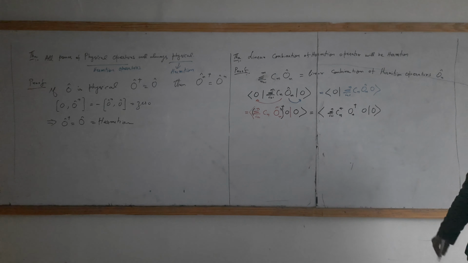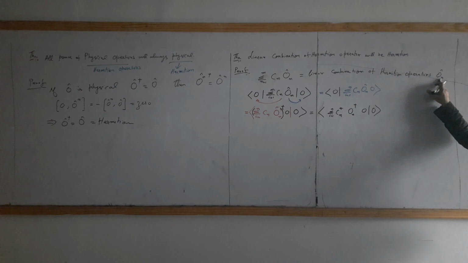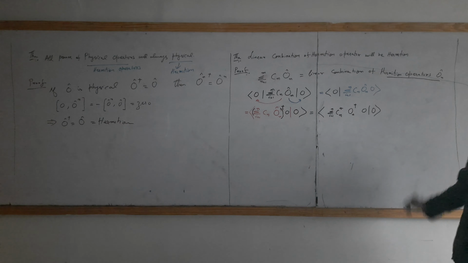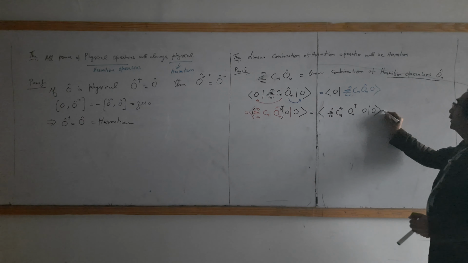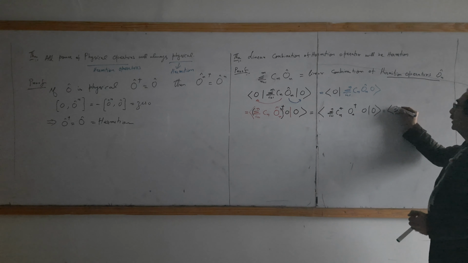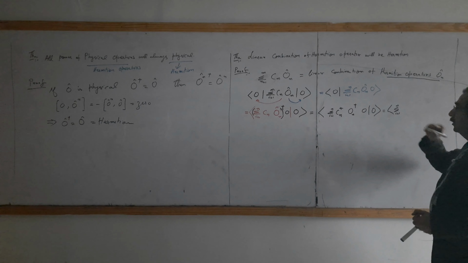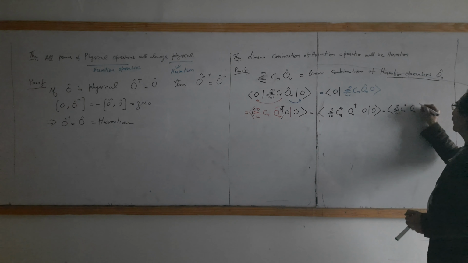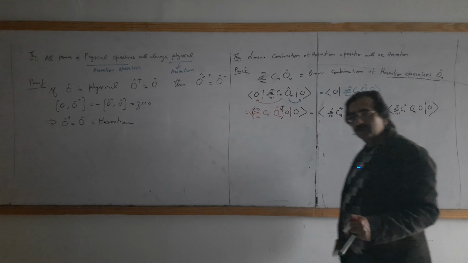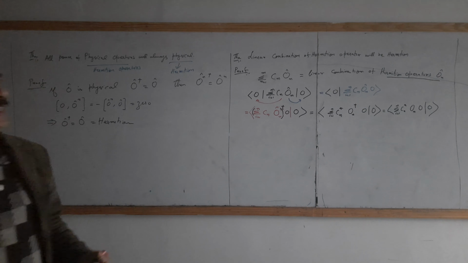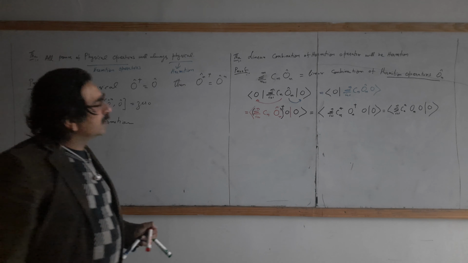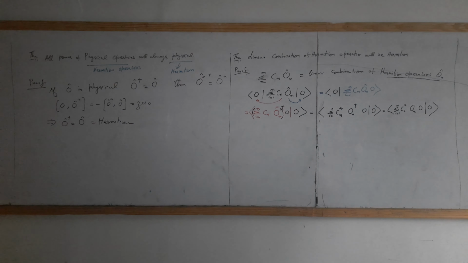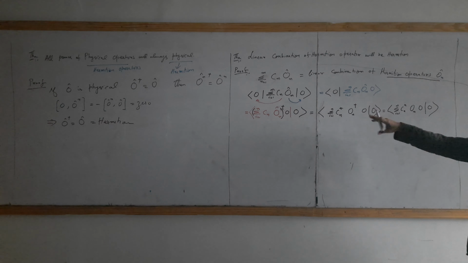All O's are Hermitian. If you consider the linear combination in complex form, then it will not be Hermitian, because here is the complex conjugate on the C. If the C numbers are complex, they will not be Hermitian.